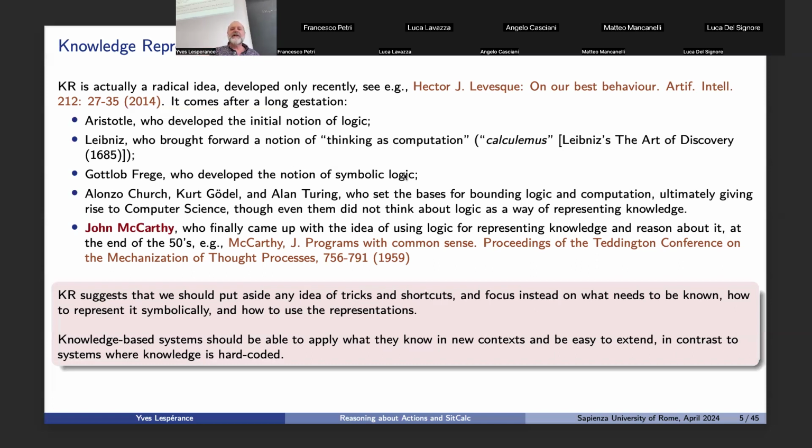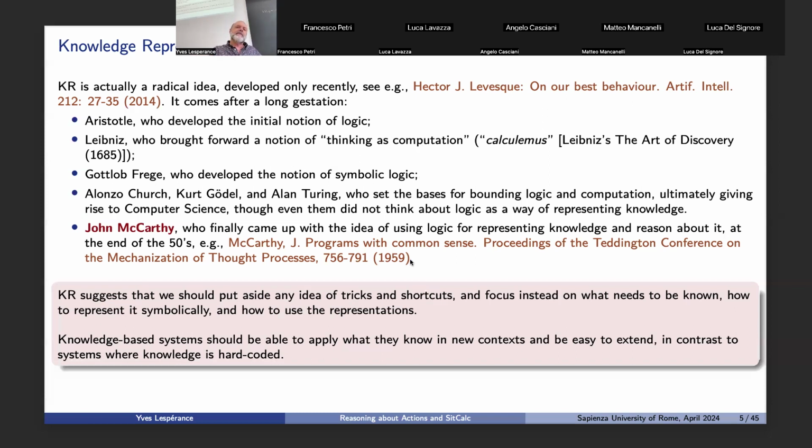There was the work of Church, Gödel, and Turing that related logic and computation and defined some foundations for computer science, but they really didn't yet think about logic as a way of representing knowledge, the knowledge that an agent would use. It was more about what computers can do in terms of logical reasoning.